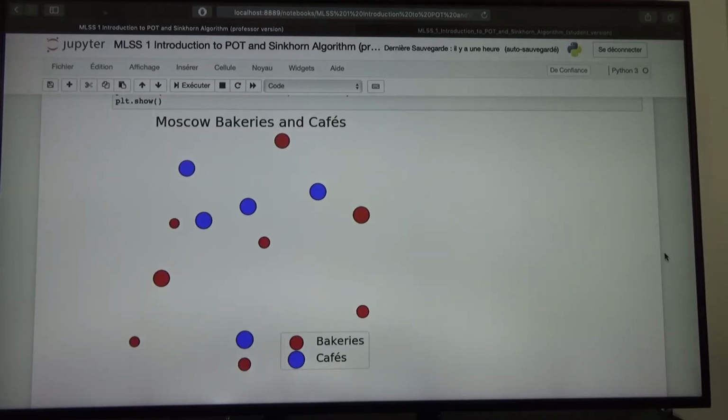So let's say we're in Moscow, and we have those cafés in blue and bakeries in red, and the size of the points here is just proportional to the production of the bakeries and the demands of the cafés, right? So it's just our data.